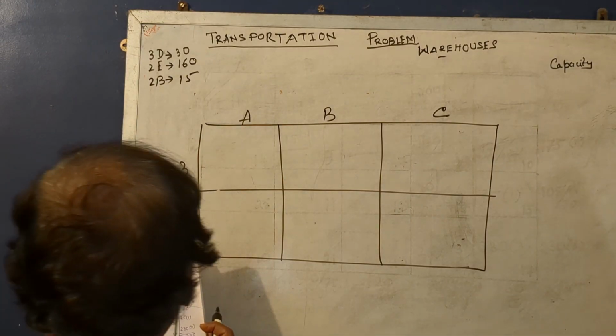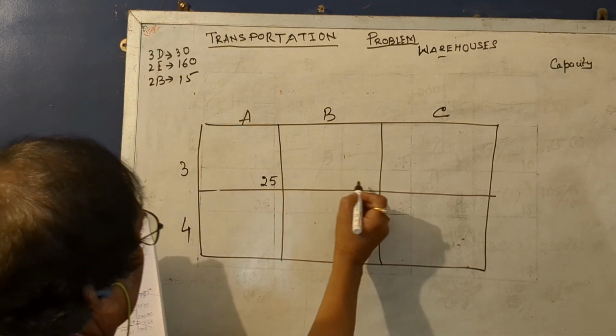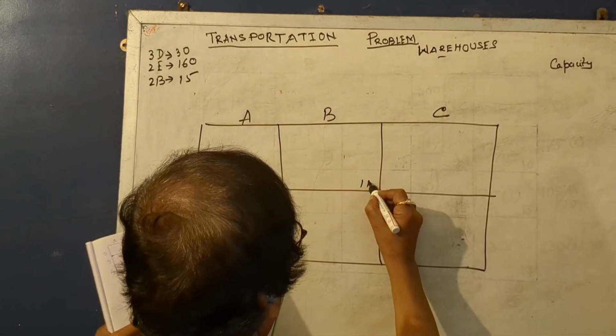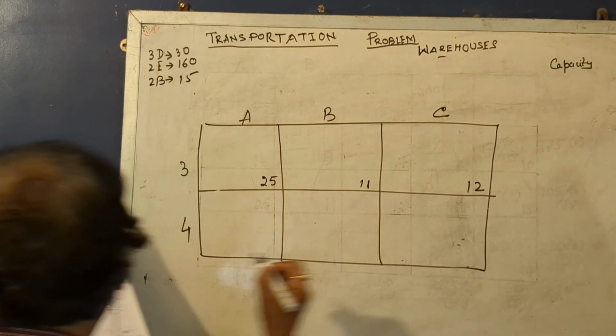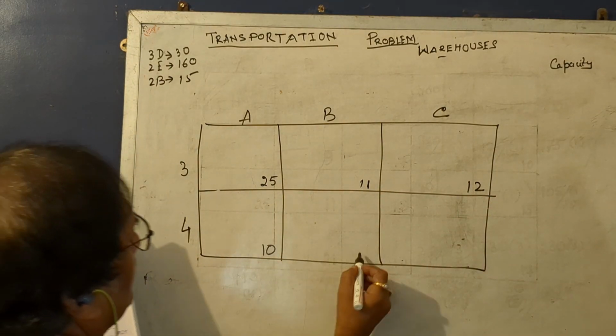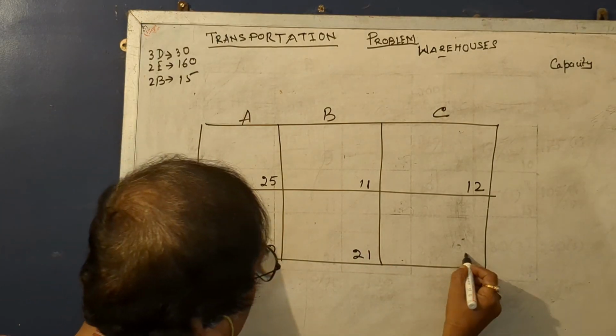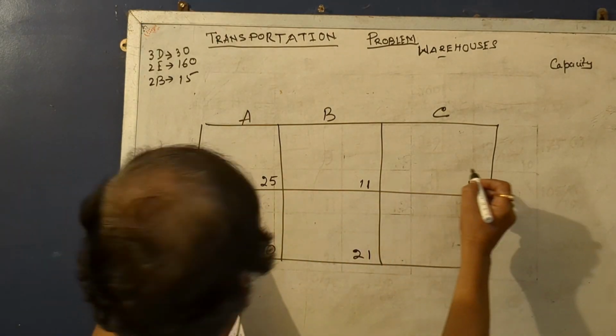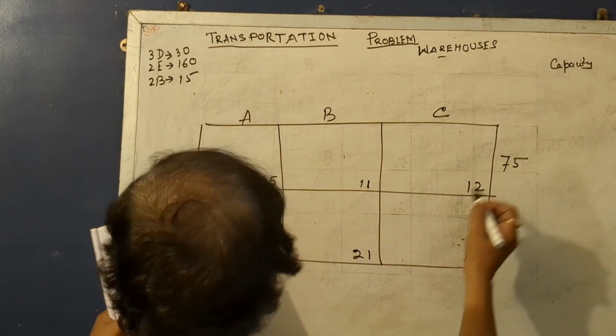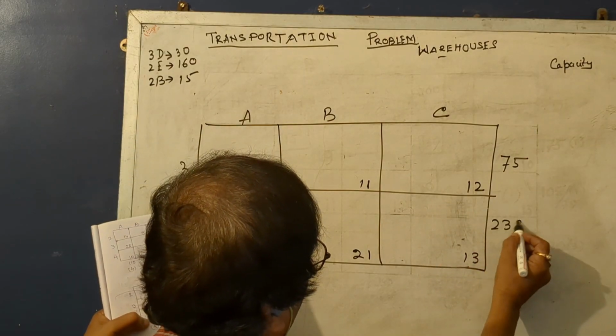The remaining for this is 25. 25, 11 and 12. This is 11 and 12 and 10, 21 and 30. Availability is 75, 75 and 230.